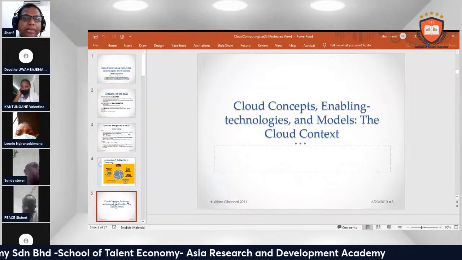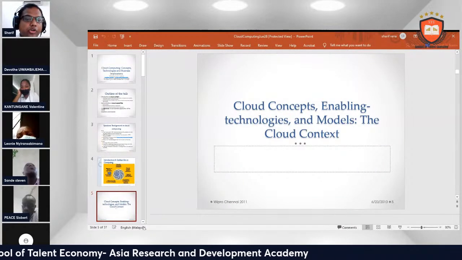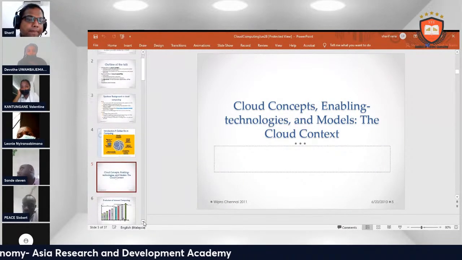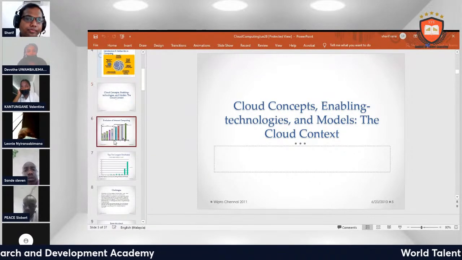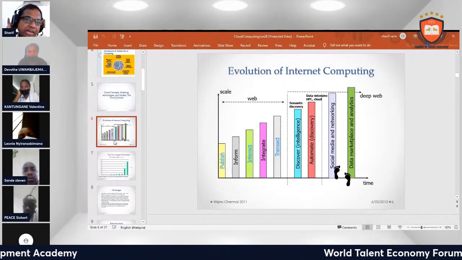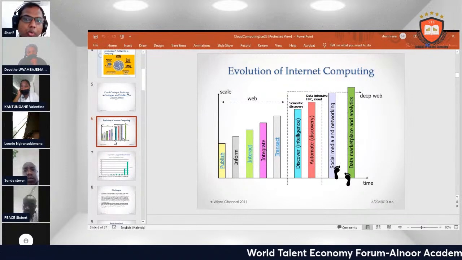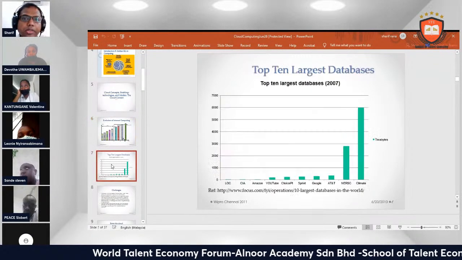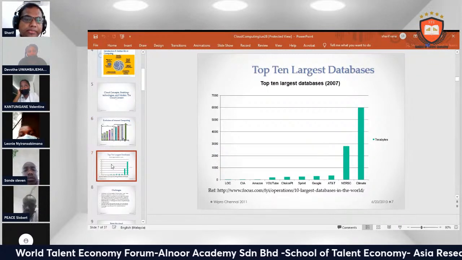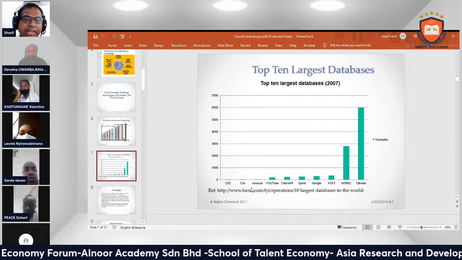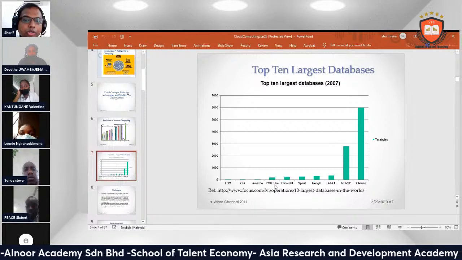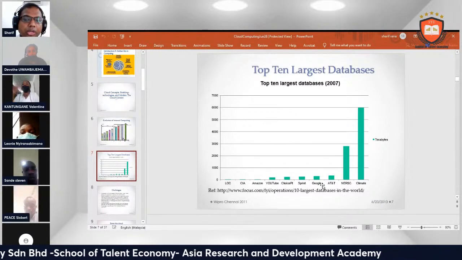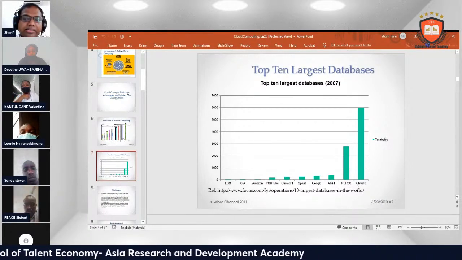Cloud concept, enabling technologies and models, the cloud context. Evolution of internet computing: scale, web, deep web. Top 10 largest databases: Library of Congress, CIA, Amazon, YouTube, Qwest, Sprint, Google, AT&T, NERSC, and Climate.